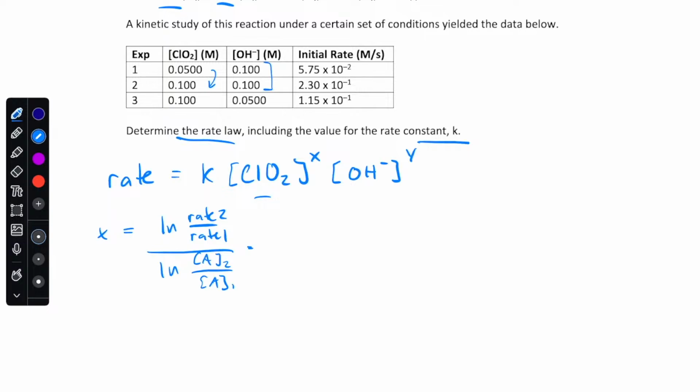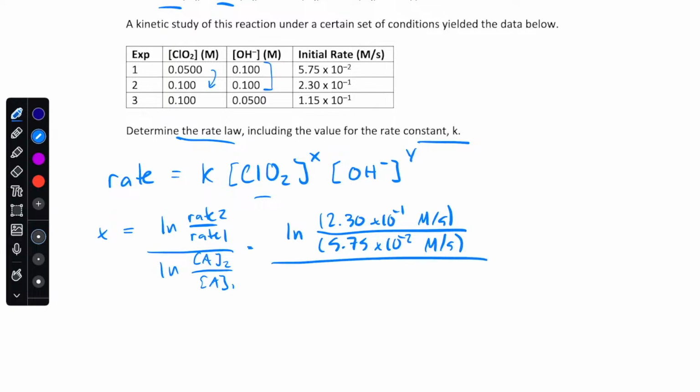Okay, so let's call experiment 1, 1, and experiment 2, 2. Which means this is going to be the natural log of rate 2, which is 2.30 times 10 to the minus 1 molarity per second, over experiment 1, 5.75 times 10 to the minus 2 molarity per second, divided by natural log of concentration of ClO2, 2, which is 0.100 molar, divided by 0.0500 molar.